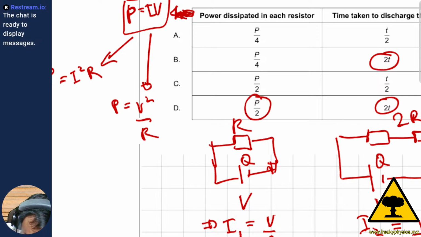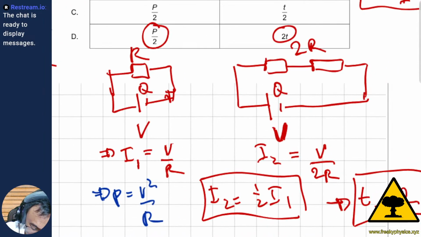Why? Let's do the first one here. The power will be equal to V squared over R. But the power on our second circuit will be equal to V squared, it's still the same V, but our R is 2R now.